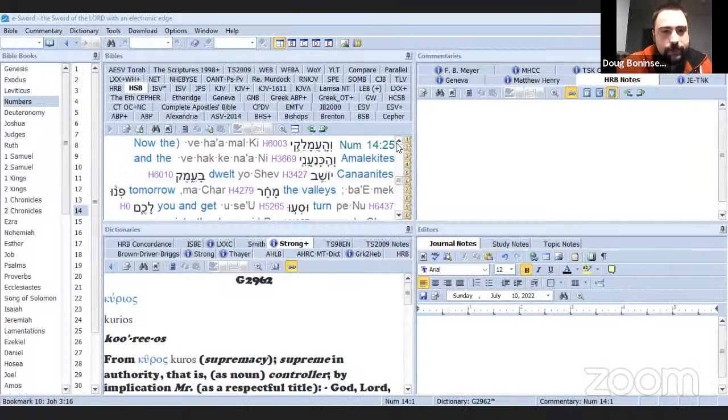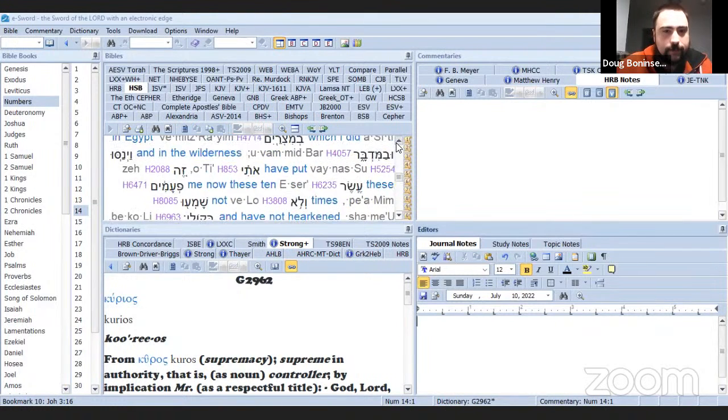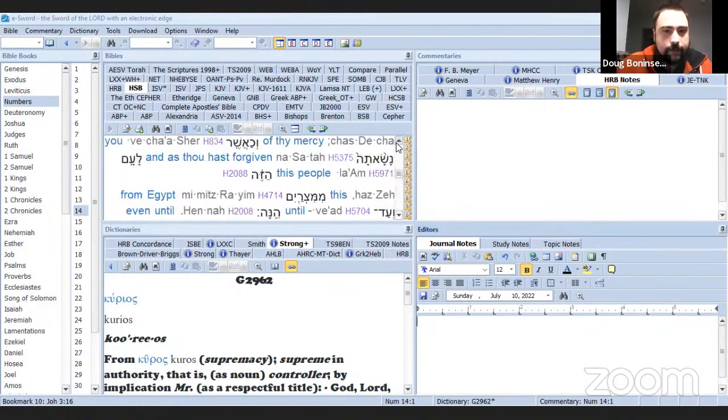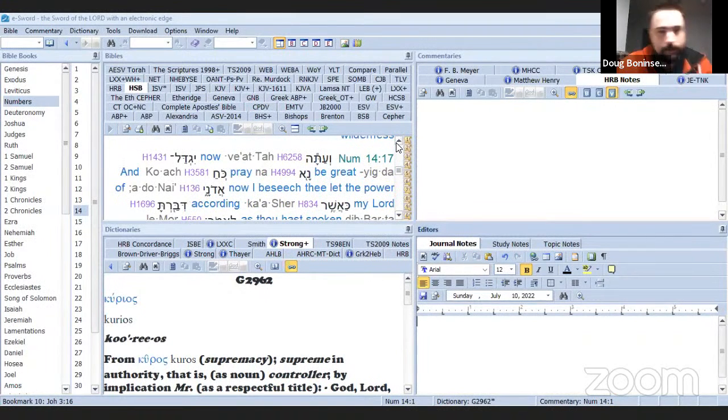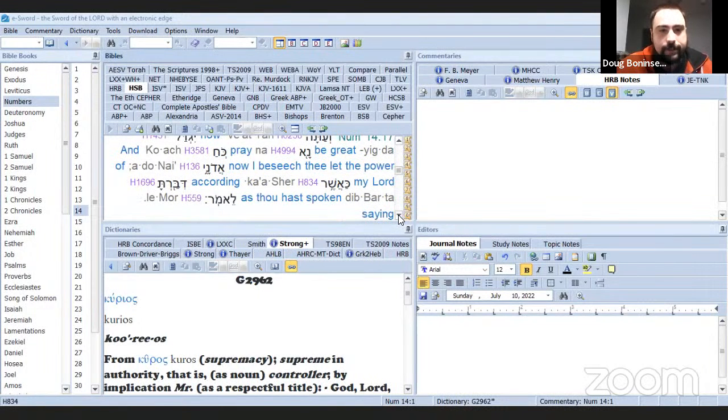Really hate that. All right, Numbers 14 verse 17. Okay, so I'll show you here. It says, "according to my master," where it's "my master" there. I think that would be where the Adonai is.